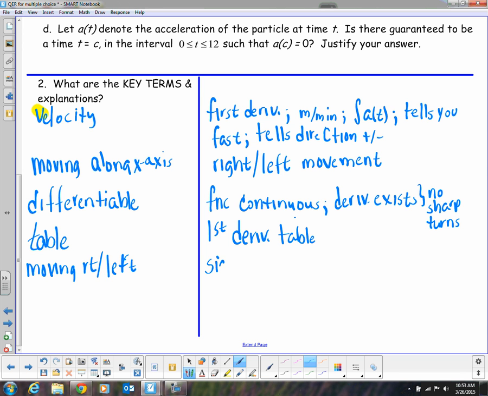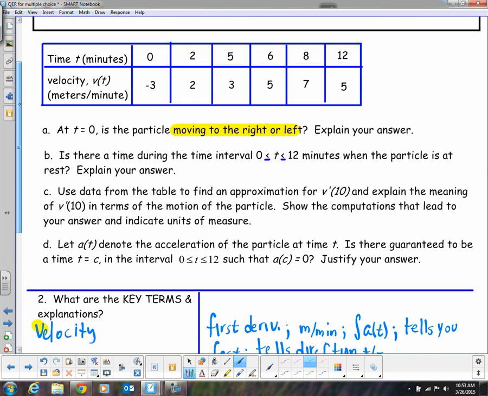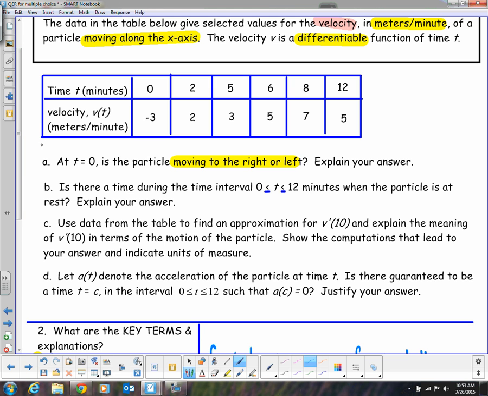It's the sign of what? Velocity. Velocity is the derivative. The sign of the velocity. And why is t equals 0 important? Well, we'll talk about that on the next page.